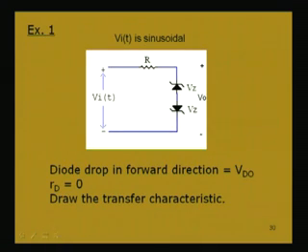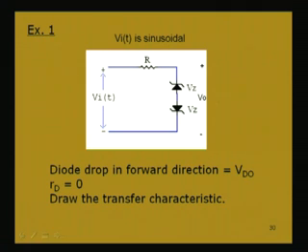Now, consider this circuit having Zener diodes. Zener diodes are also used for clipping or clamping or both. Now, this circuit is having 2 Zener diodes, and these are ideal Zener diodes, meaning in the forward direction the diode drop is Vd naught and resistance is 0, and it has a Zener voltage Vz.